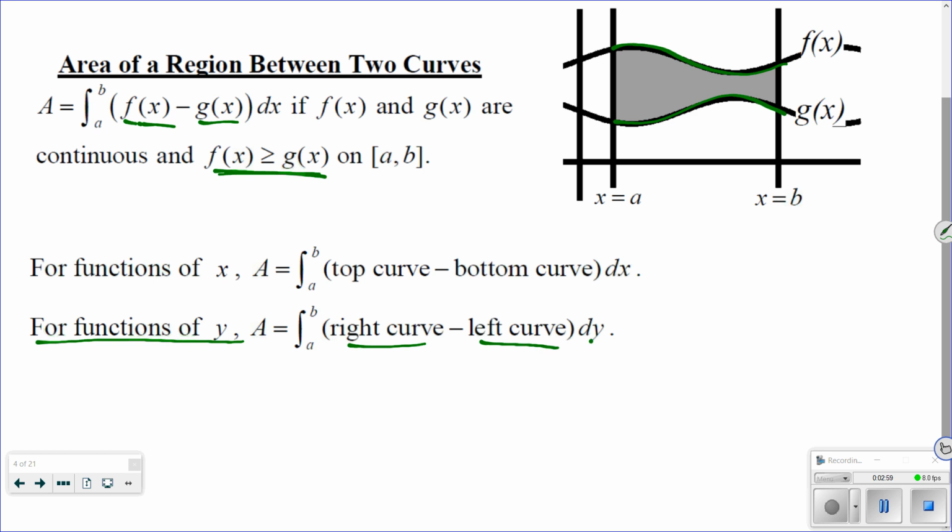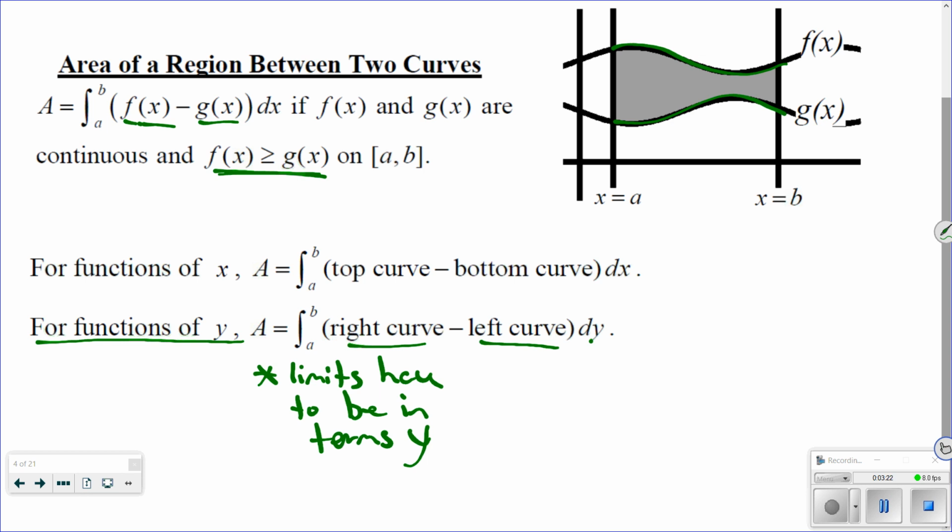And then also your limits up here, put a little star by this, your limits have to be in terms of y too. I'll show you what that looks like on an example in just a second. So that's a little bit different.